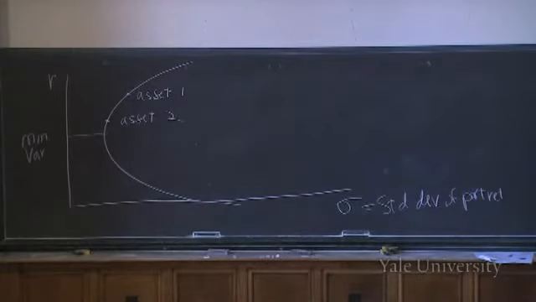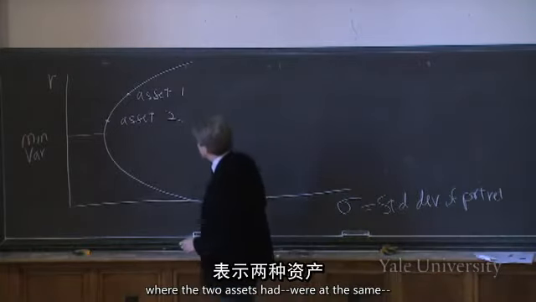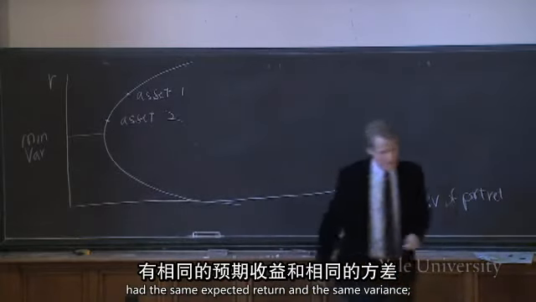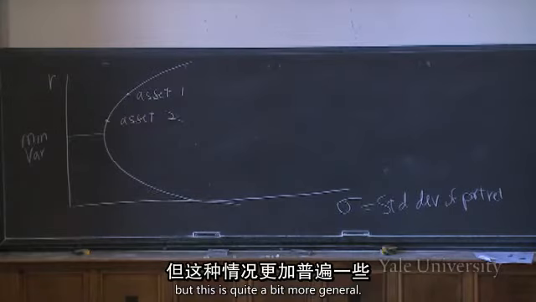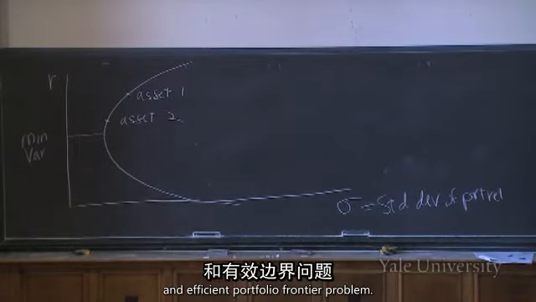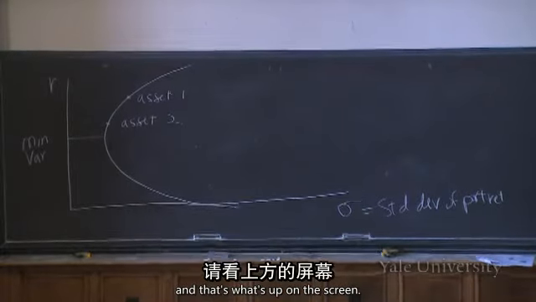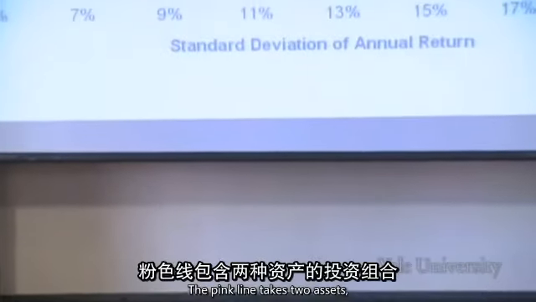The equally weighted case that I gave a minute ago was one where the two assets had the same expected return and the same variance. But this is quite a bit more general. So that's the expected return efficient portfolio frontier problem. And I wanted to show an example with real data that I computed, and that's what's up on the screen. The pink line takes two assets.